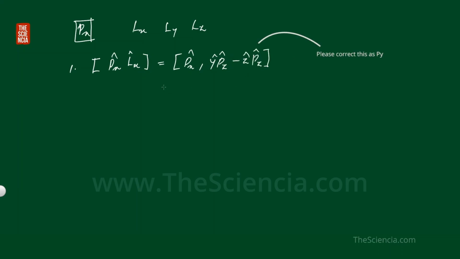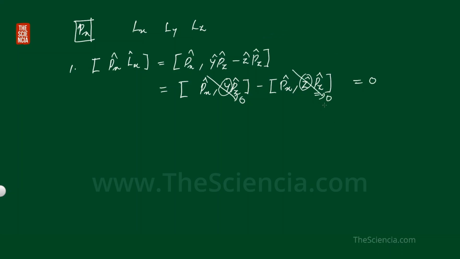So we can expand this, that is commutator bracket Px cap y Pz cap minus Px cap z cap Py cap. See here, y is there and check whether py is there. No, right? So this will be equal to 0. And here z is there and check whether its conjugate momentum is present or not. Yes, present. But it is on the same side. So this will also equal to 0. So this value equal to 0.